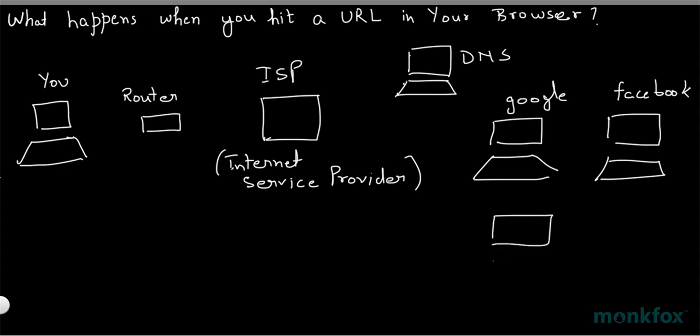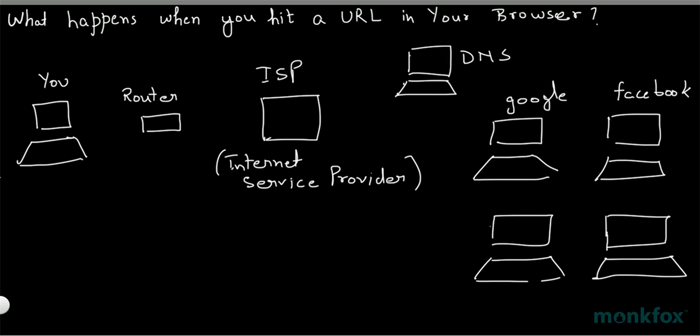And each of these servers have many different HTML pages which you might want to access. So what happens is, the first thing is you type google.com. Your router sends this request to the ISP, which is directed to a DNS server.